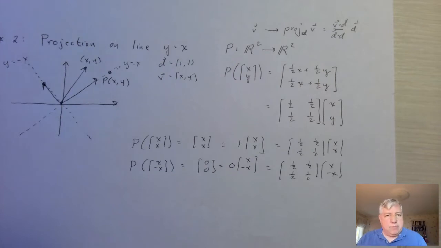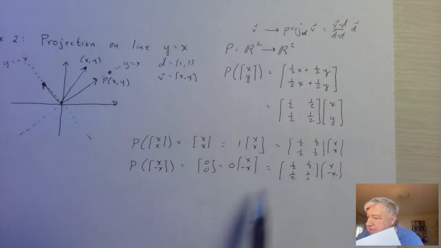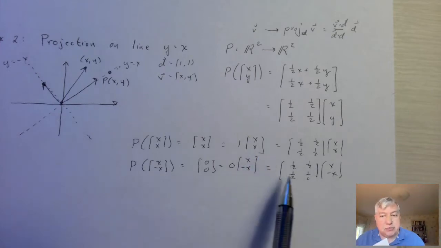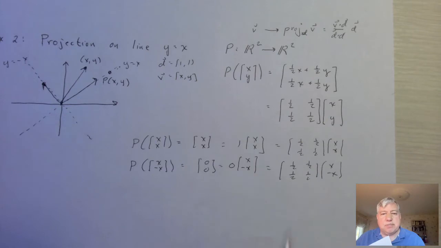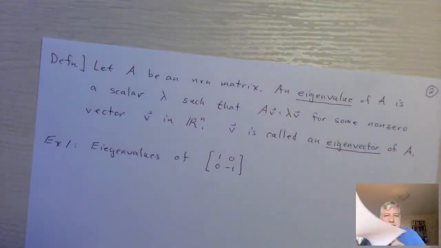Well, we'd like to see what's the bigger picture on this. We're going to see that we have a special term for these special vectors and these special constants. So that leads us to our first definition.